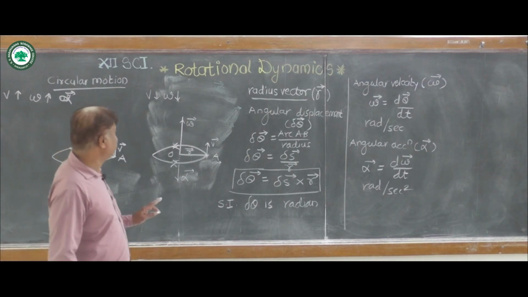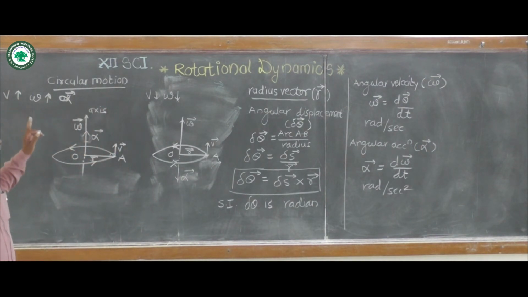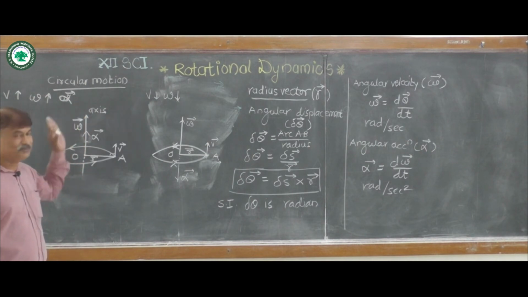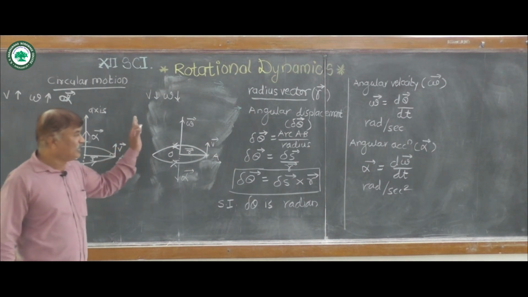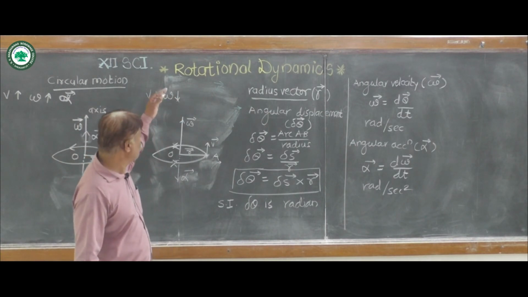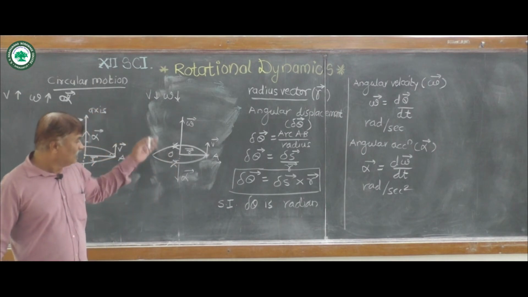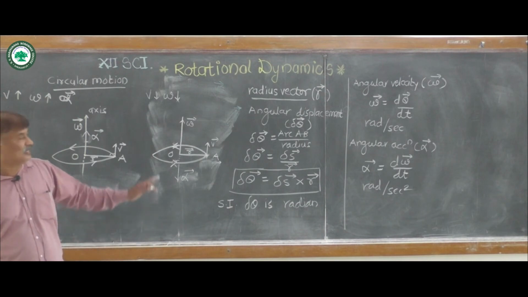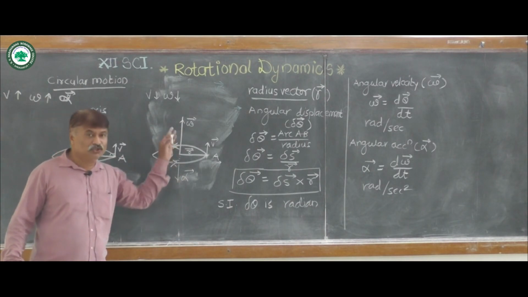So when the fan is switched on, linear velocity goes on increasing, angular velocity also goes on increasing, and alpha and omega are along the same axis, in the same direction. But when the fan is switched off, linear velocity and angular velocity go on decreasing, and alpha is in the opposite direction along the axis, meaning the directions of omega and alpha are opposite to each other.